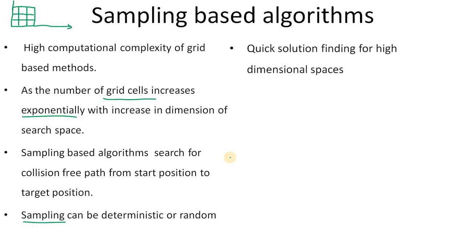So the next point says quick solution finding for high dimensional spaces. This is one of the advantages of sampling-based algorithms, that they find solutions relatively quickly. If you compare with the grid search algorithms, for example Dijkstra's algorithm, you give the sampling-based algorithm and the grid-based algorithm the same kind of map of the environment, and then you start your algorithm, you will see that the sampling-based algorithm finds a path quickly compared to Dijkstra's algorithm.